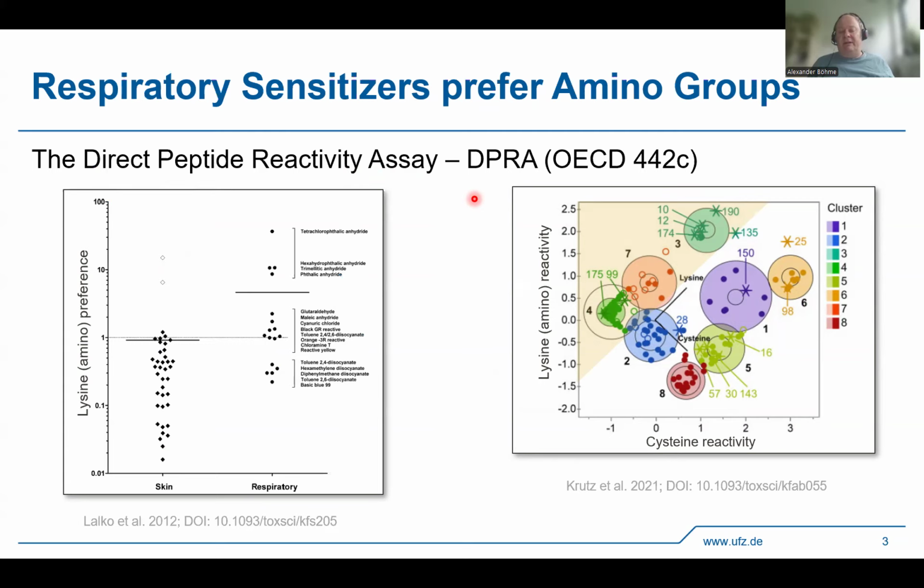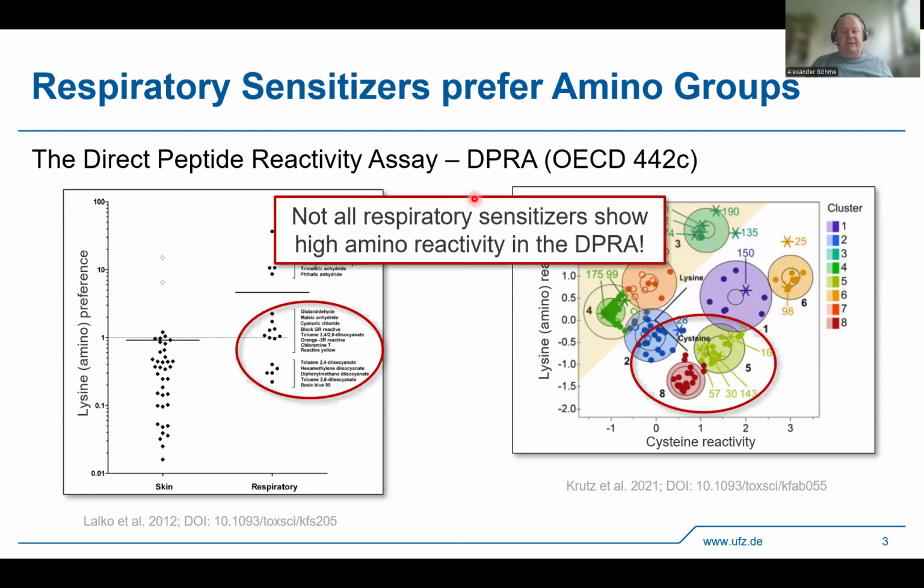It identifies them based on their reactivity. But when it comes to respiratory sensitizers, the DPRA overlooks many of them because, as you can see on both pictures, they do not show the expected high amino reactivity in the DPRA.